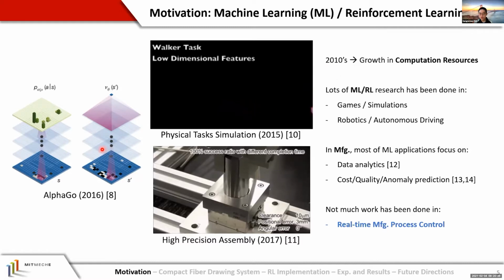Deep reinforcement learning has outperformed humans in various games, for example, AlphaGo, and it has been used to solve some physical task simulations. Also, it is very widely used in research communities of robotics and autonomous driving. And machine learning is also used in manufacturing research, usually focused on data analytics or cost, quality, and anomaly predictions.